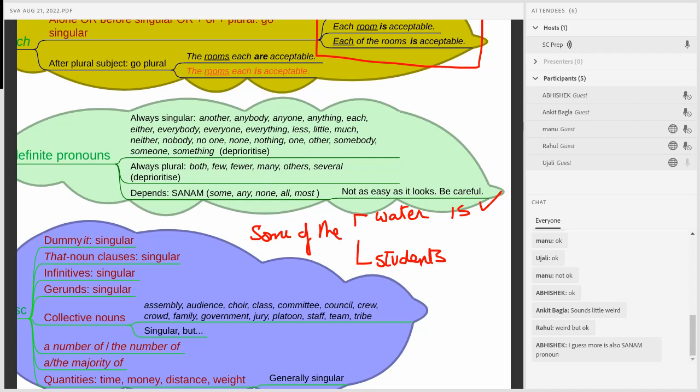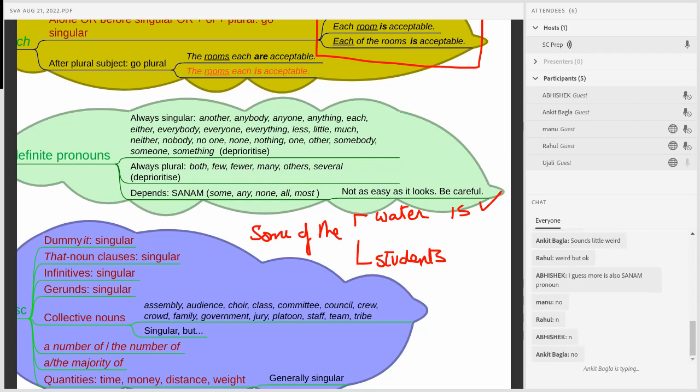We're not going to have any problems with this. But what happens when you have a plural noun with some? Some of the students, right? Now, we're not yet at the difficult part. We're still at the very easy part. Let me ask you, is anybody here about to say some of the students is? Anyone? Let me get a quick yes or no. Okay, so I've got no, and no. Ujali, any chance of saying some of the students is?